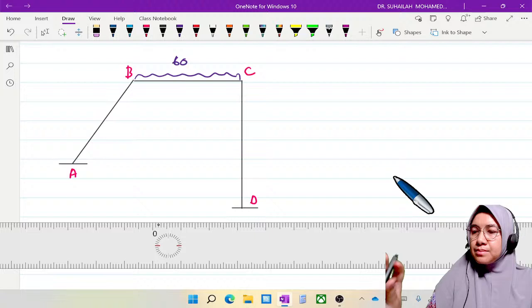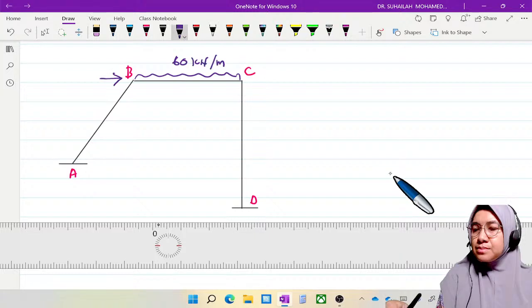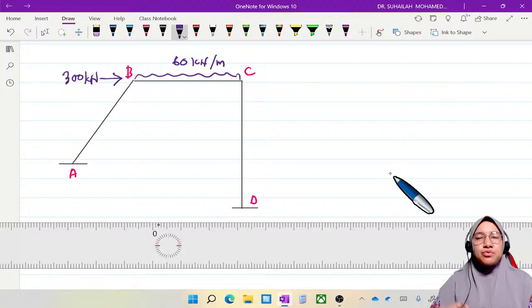And this frame tends to move to the right under a 300 kilonewton load.